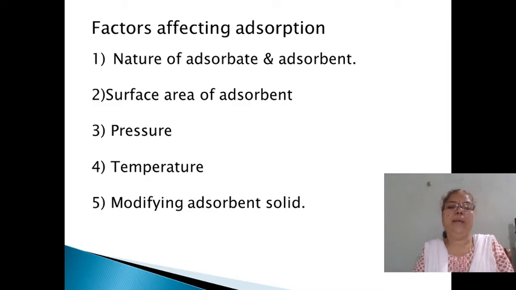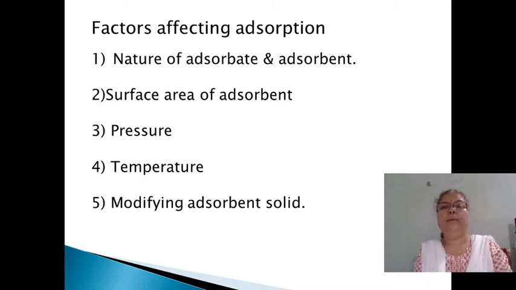Remember, in case of easily liquefiable gases, the forces of attraction, that means the van der Waals forces, are greater and they get adsorbed easily on the surface of the adsorbent, while the permanent gases like H2, O2, N2 do not liquefy easily, and also they do not adsorb easily on the surface of the adsorbent.